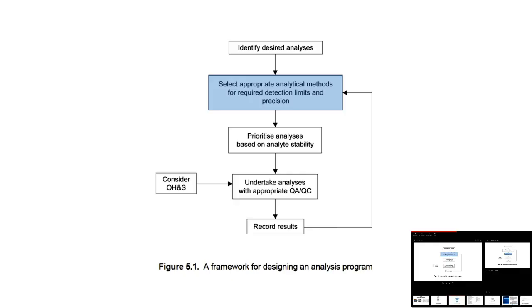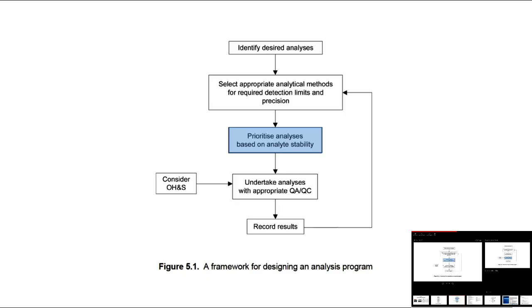Now that choice may be influenced by things like the detection limit or the degree of precision or accuracy that you need in your analysis. It may be dictated by cost of the analysis, it may be dictated by the time available. One method may take much longer than another method. But there are a number of considerations and we'll work through those in the module.